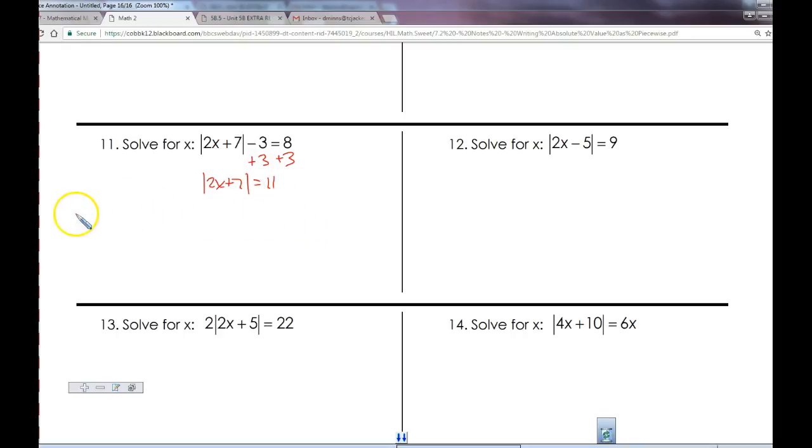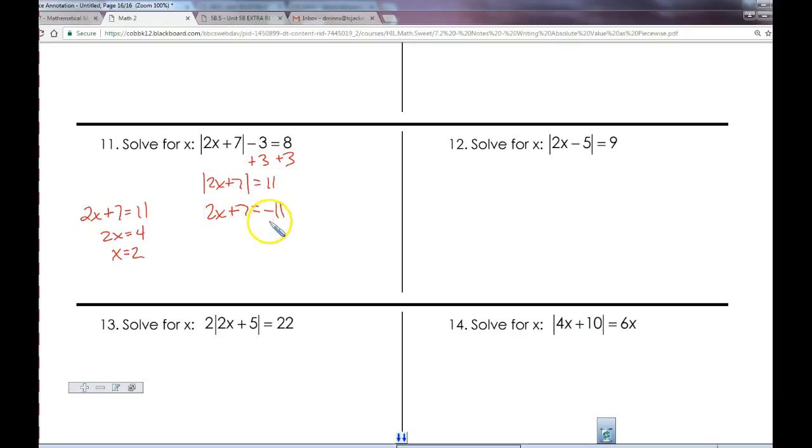So now we can break it up into two pieces. 2x plus 7 equals 11, or 2x plus 7 equals negative 11. Two-step equations. First step, subtract 7. 2x equals 4. Divide both sides by 2. X equals 2. We'll check that in a minute.